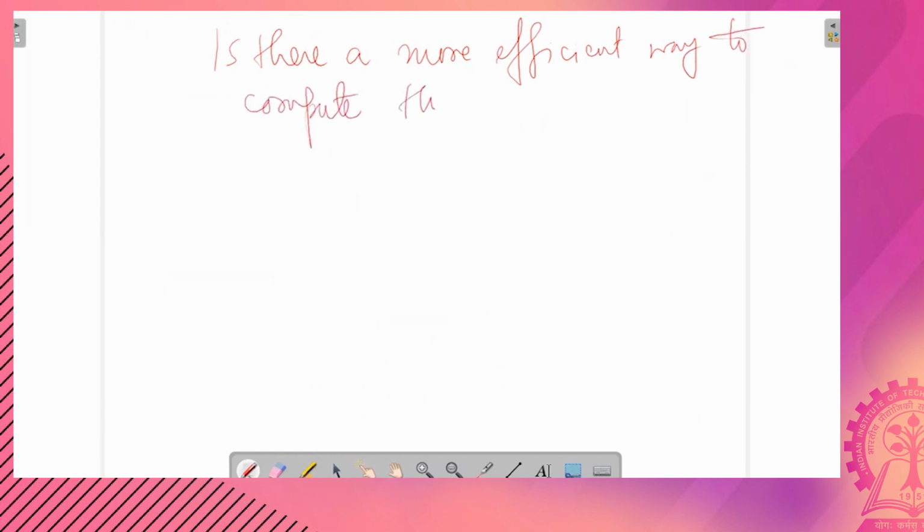Then the question is, as we were talking about efficiency, is there a more efficient way to compute the terms in the Fibonacci series?